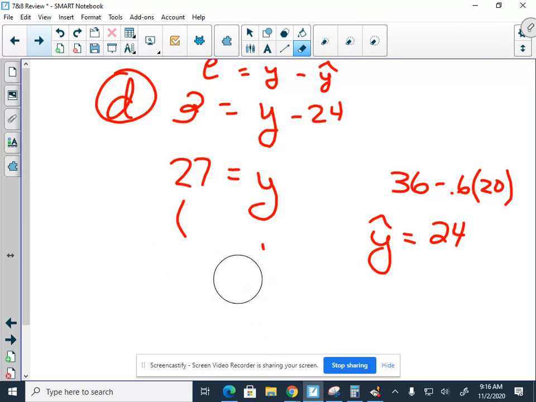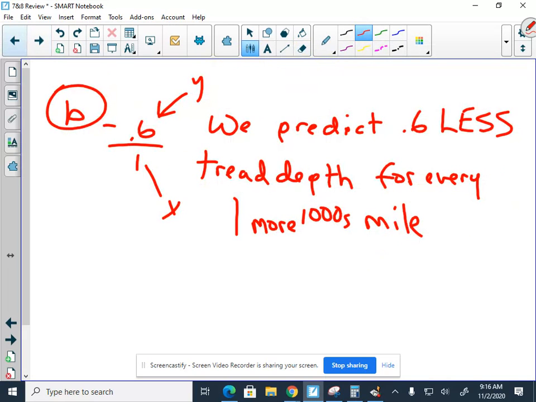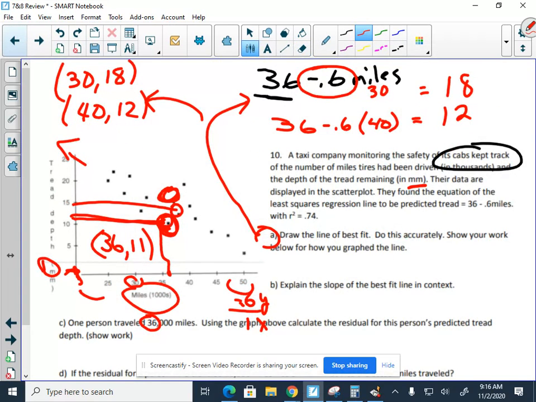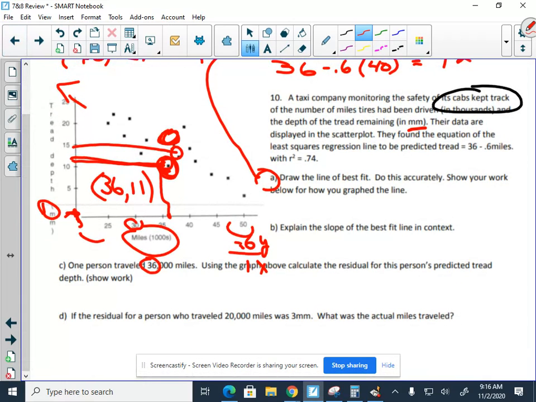Oh, it's. I don't think it should be actual miles traveled. I have a typo on this. This should be, what's the actual tread depth? So the actual tread depth should be 27. It's not in miles traveled. I wrote that question incorrectly. Glad we caught that before I finished the video.